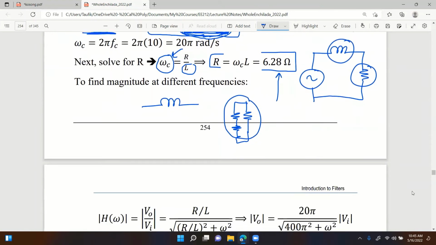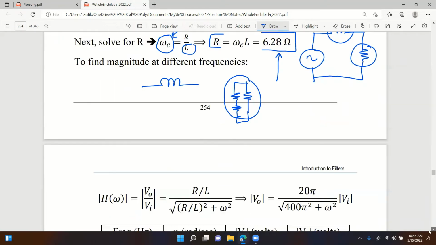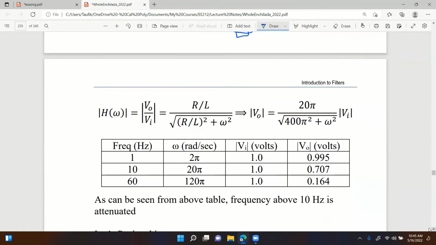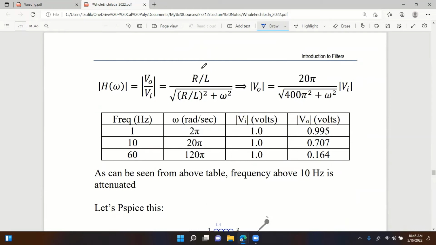All right, so 6.28, that's the resistor value. Once you get those two values for R and L, you can plug them back into the transfer function. Now you have a new equation for the transfer function using those values of R and L. The problem asks to evaluate performance of the filter at 1 hertz, 10 hertz, and 60 hertz.